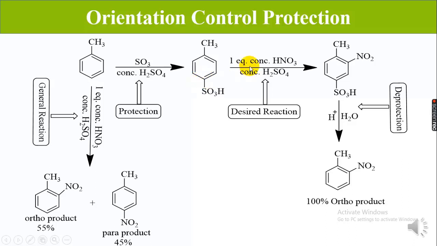After that, the concentrated nitric acid and sulfuric acid will react only at the ortho position to form the ortho nitro group, and then we get deprotection in the acidic medium. Then this sulfonic group will be removed and we will get 100% ortho product by using protecting chemistry.